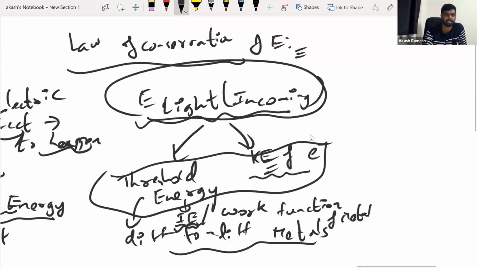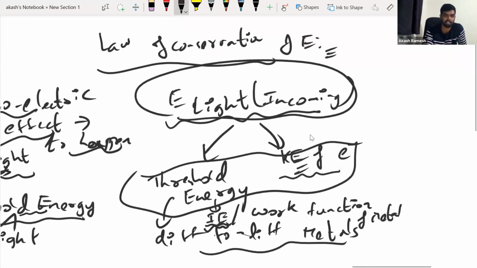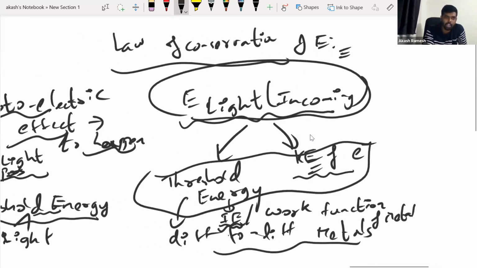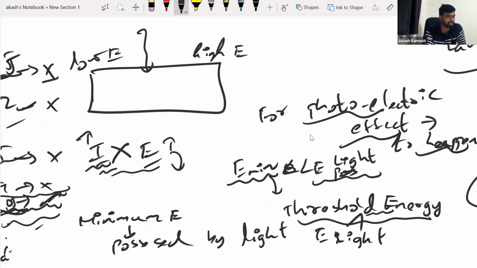Say this is the metal surface, I give the energy, and this is exactly equal to the ionization energy. Then the electron will come from inside to the surface, that's it. But for it to move, the energy has to be greater than the threshold energy. If it is exactly equal, the atom might be able to accept it back.